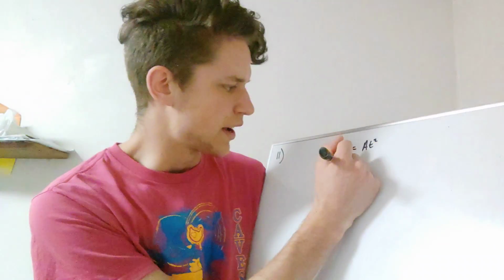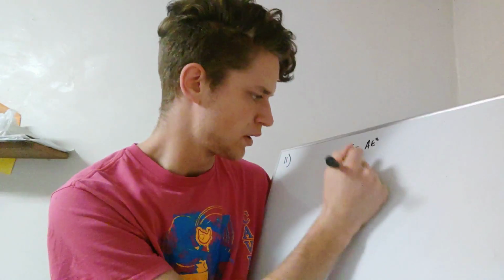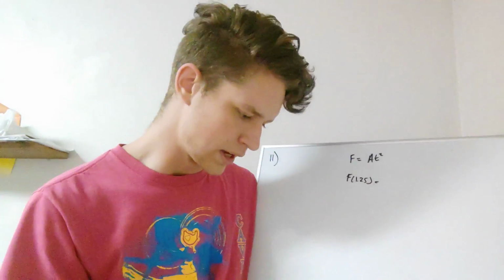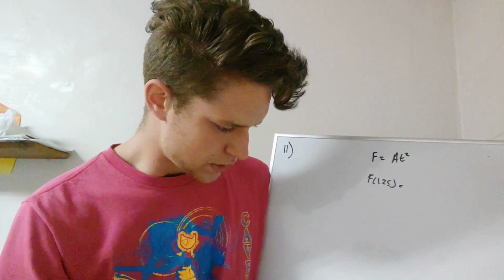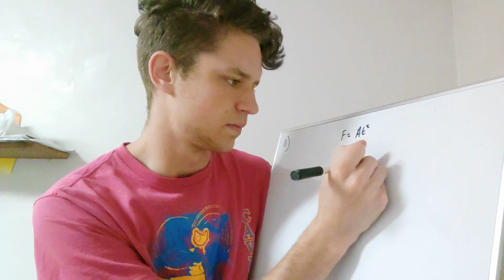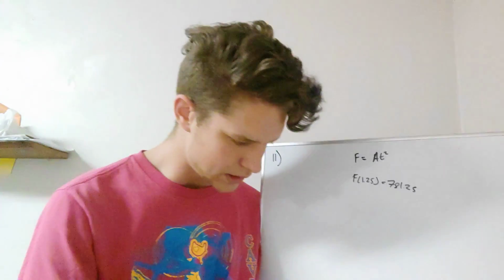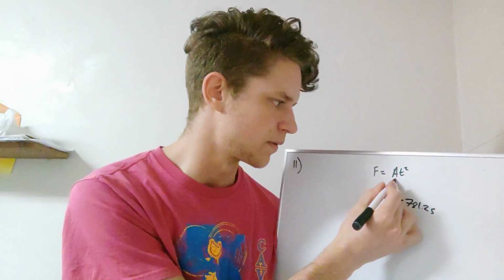Then it gives us that when time equals 1.25, the total thrust equals 781.25. And then it wants us to find A, the constant.